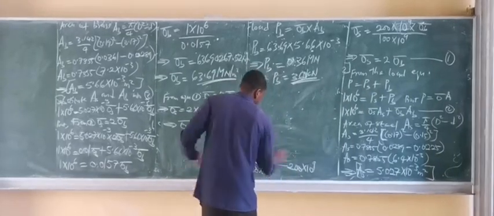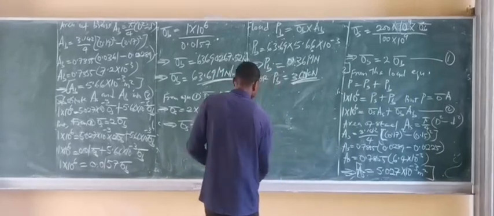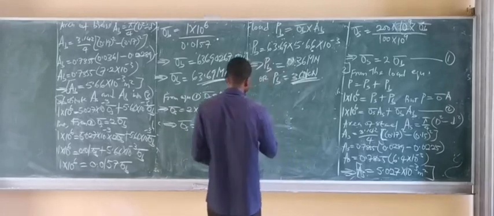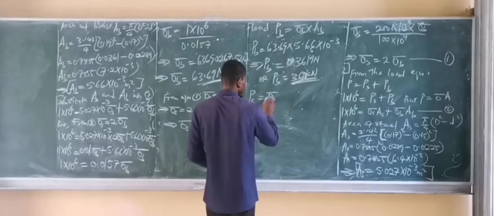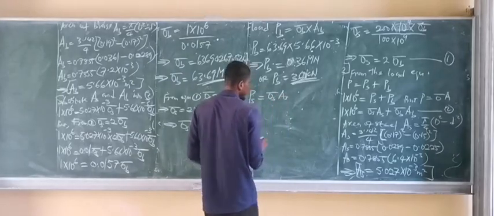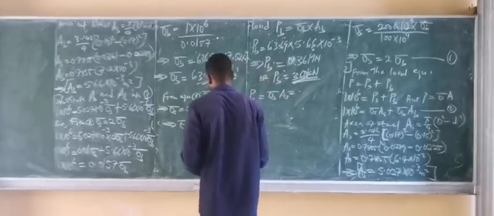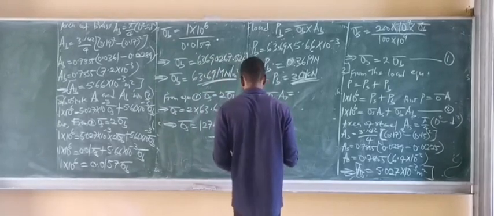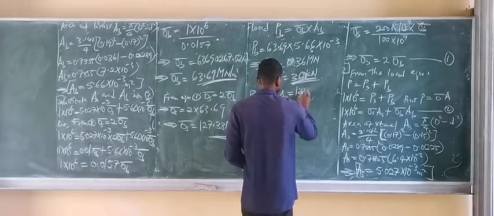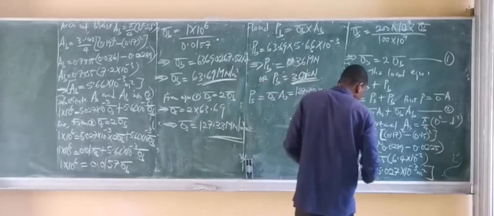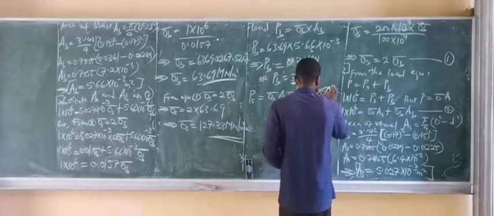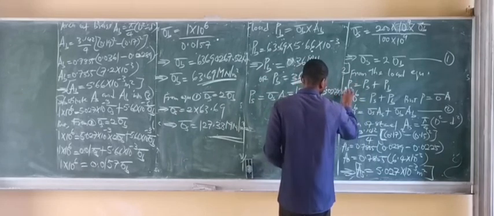Meanwhile, the load carried by steel is still the same thing. The load carried by steel, Ps, is sigma s times area of steel. The stress of steel is given as 127.38, multiplied by the area of steel, 5.027 by 10 raised to the power minus 3.